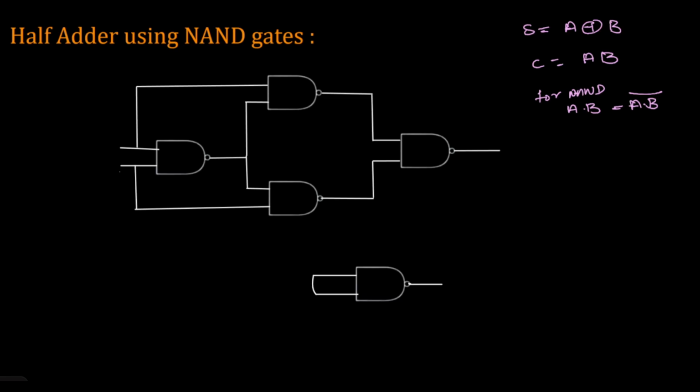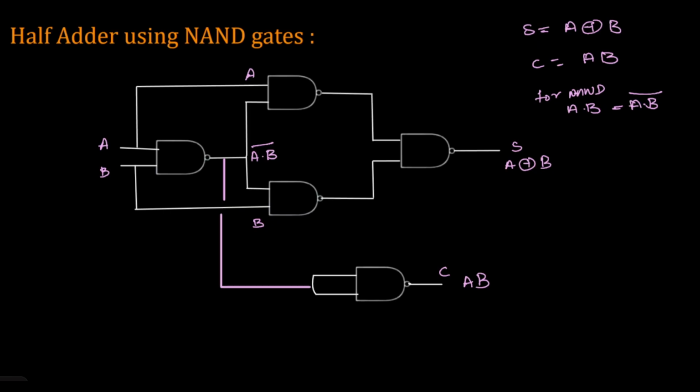So here I am having two input variables A and B. I am getting here AB bar, and I am getting A and here I am getting B. So we know this will be A XOR B. So this will be my sum. In order to get my carry output AB, I will simply take this one and join here.